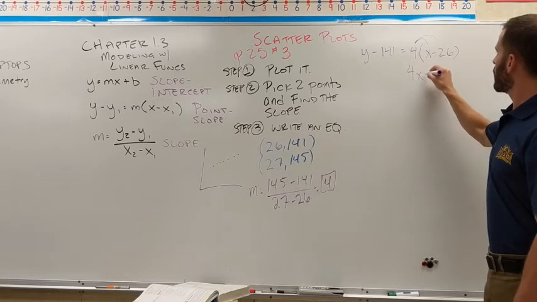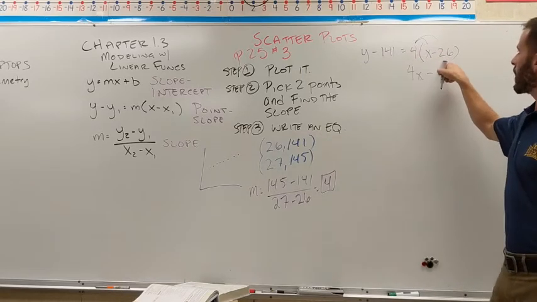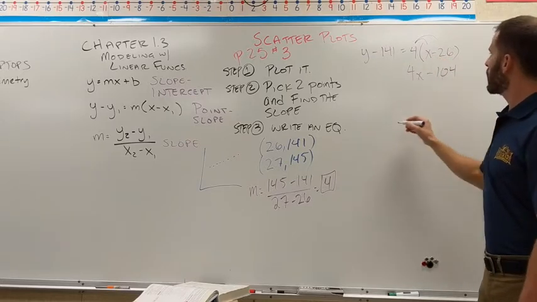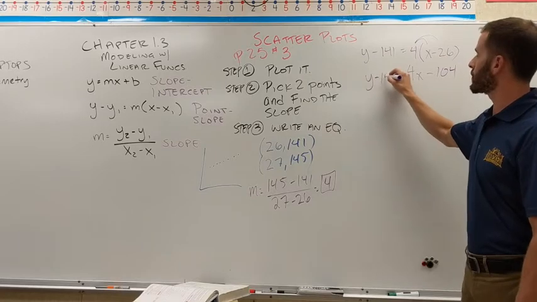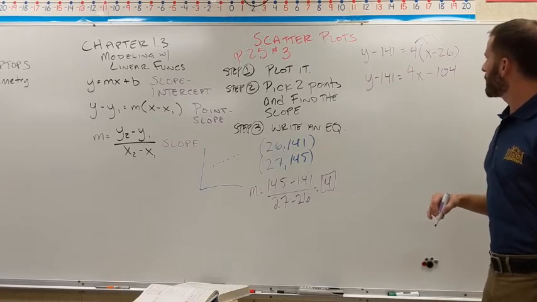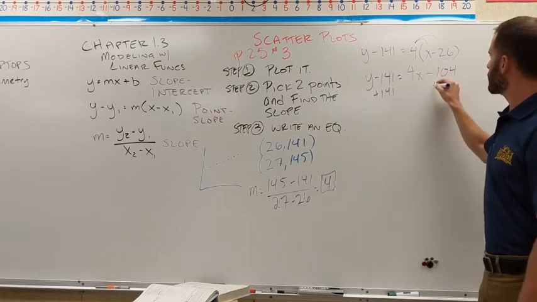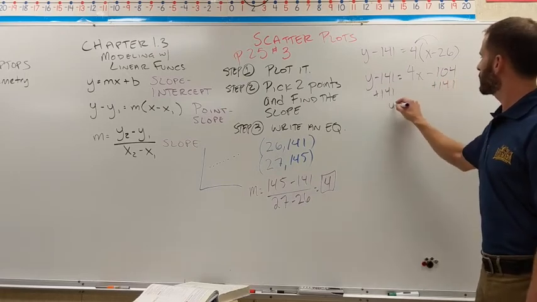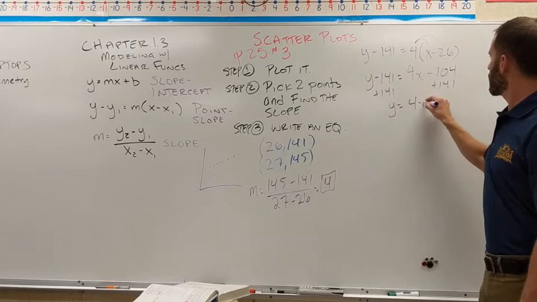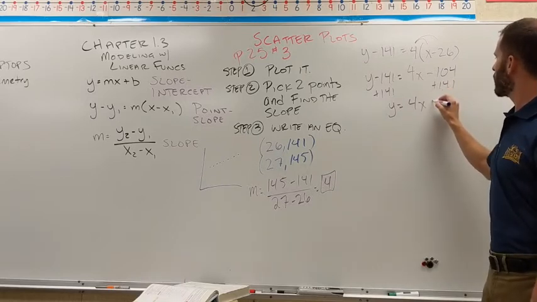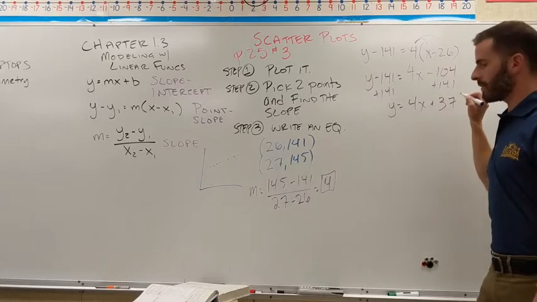Distribute. I got 4x minus 4 times 20 is 80, 4 times 6 is 24, so minus 104, you can use a calculator. So y minus 141, I'm going to add 141 to both sides. 4x, 41 minus 4 is going to be 37.